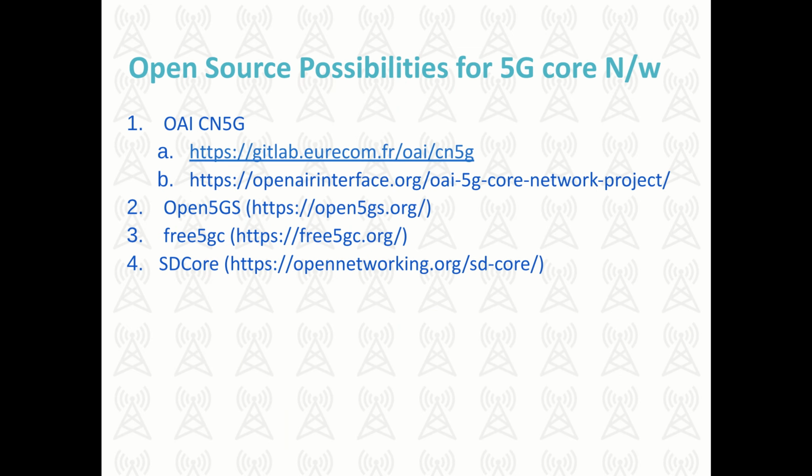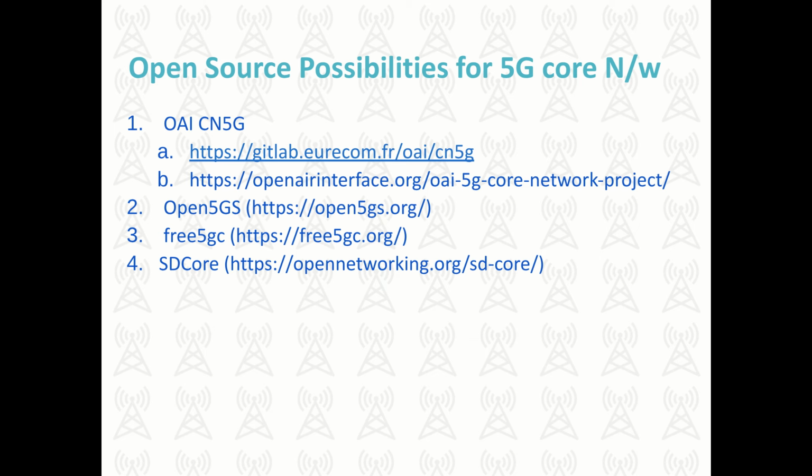Now for the core network, there are more options. The OAI people, who write the RAN part, also have a core network implementation, which is again open source, and they themselves use the same OAI core network and OAI RAN when they test and deploy their system.